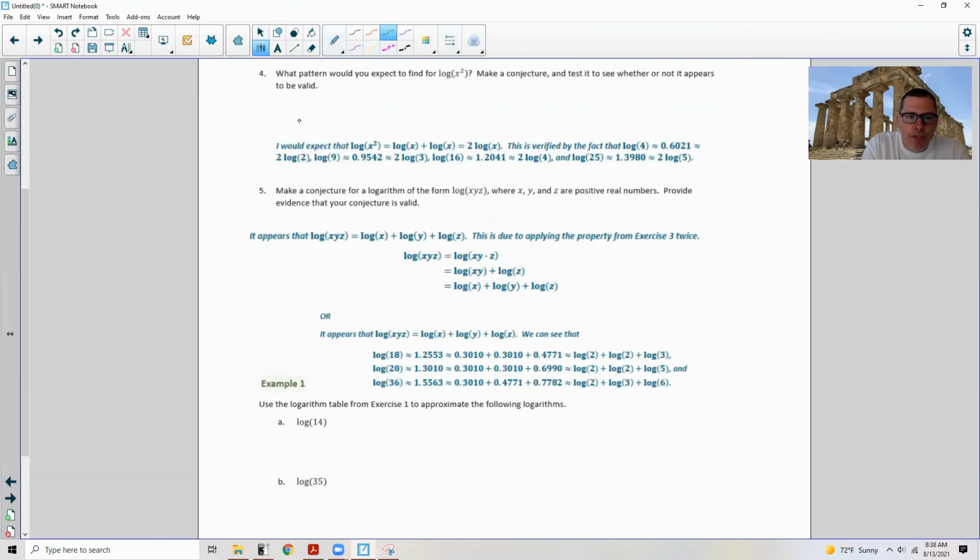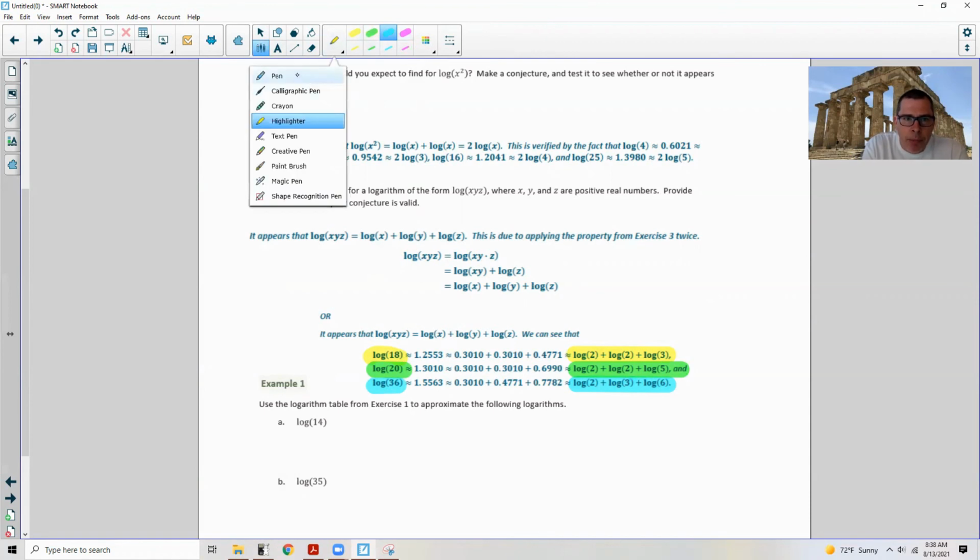Pause the video, see if you can find an error in the solution manual. Log of 18, and they're saying it's this. Log of 20, and they're saying it's this. And log of 36, they're saying is this. Just without even looking at the decimals, there is a problem.